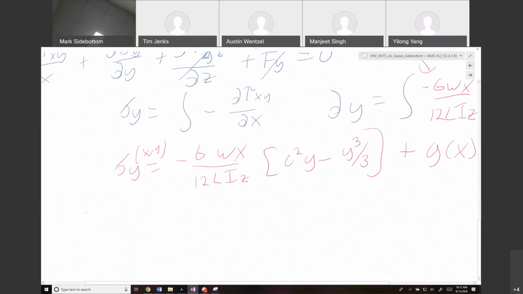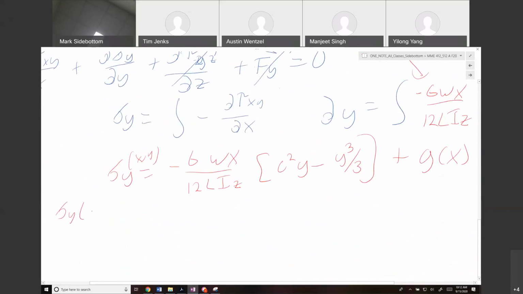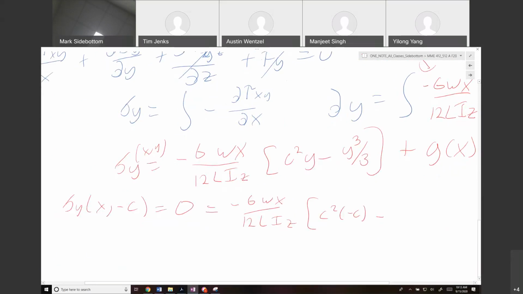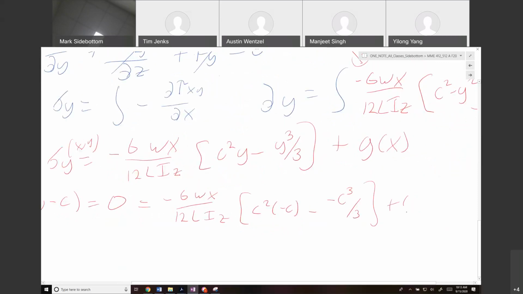All right, so we can say sigma y at y equals minus c would be equal to 0. So we can plug in y is equal to minus c. We end up getting 6wx over 12 l Iz times c squared times negative c minus negative c cubed over 3, plus g of x.